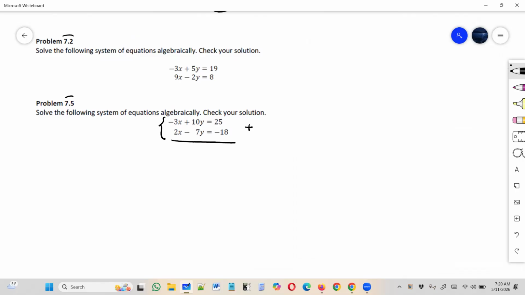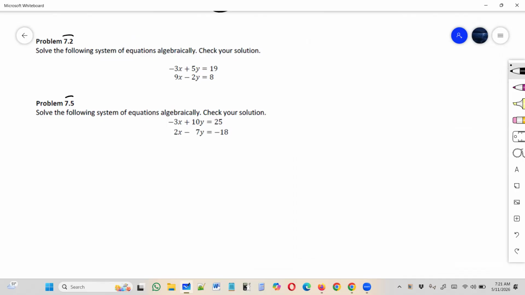If I add them as they are, I will get negative x plus 3y, which is not what I want. I need to have, after the addition, one of the variables cancel or disappear. So I have to do something, okay? I have to look at this and decide which variable I can cancel.